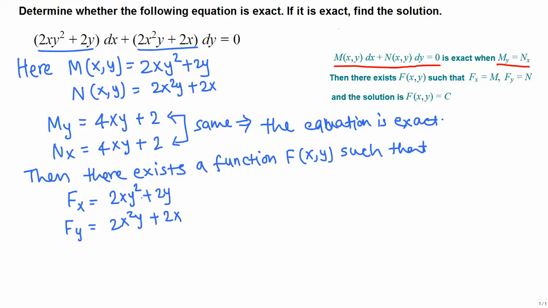Now with the help of these two, we are supposed to recover the function f. Then f equals c is the general solution.